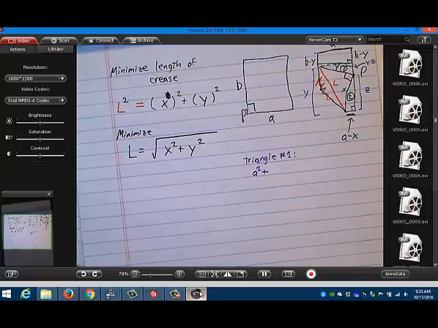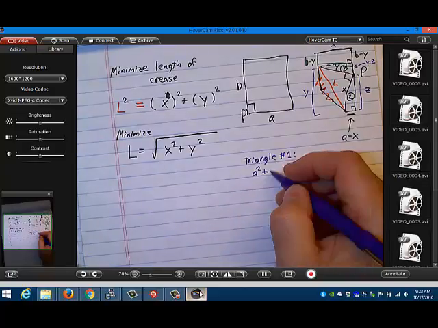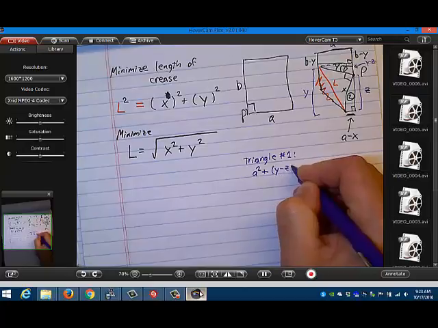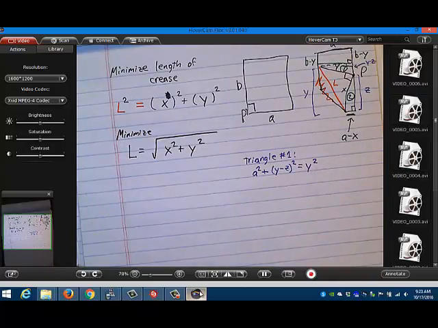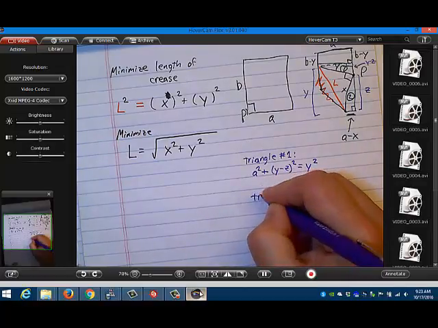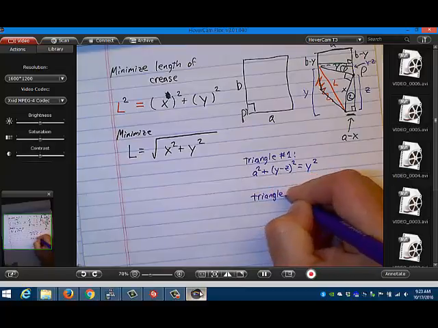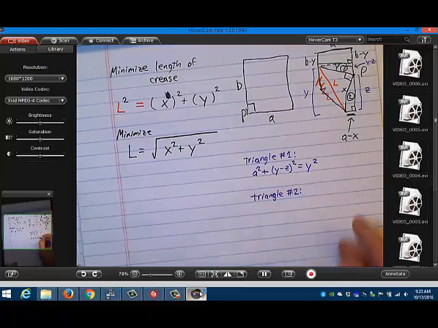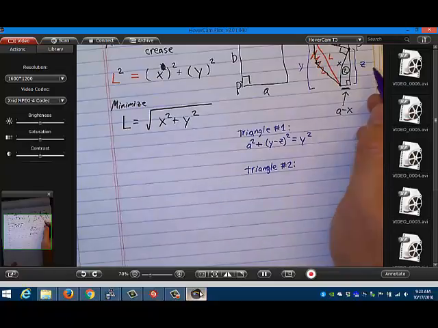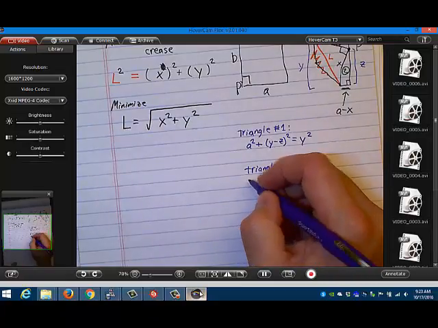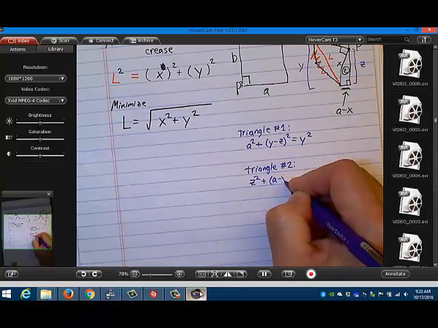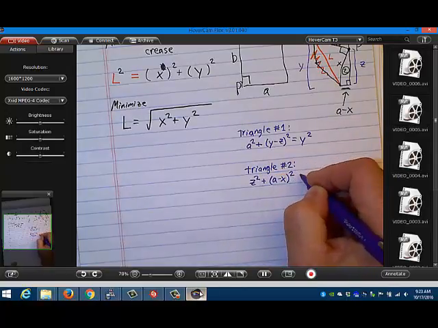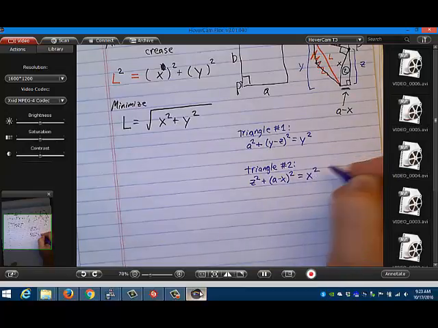a squared plus y minus z squared is equal to y squared. Triangle number 2. And after I write this equation, I'm going to say I'm out of time. This will be z squared plus a minus x quantity squared is equal to x squared.